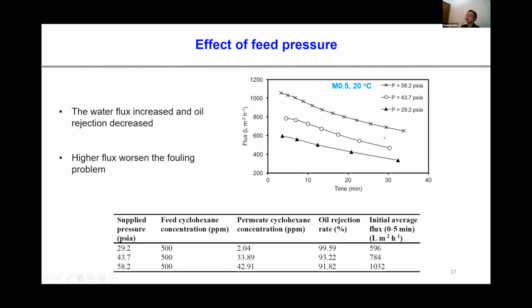Flux increased with increasing transmembrane pressure from 29 to 58 psia. The driving force on the feed side increased, so membrane flux increased to more than 1,000 liters per square meter per hour at room temperature.